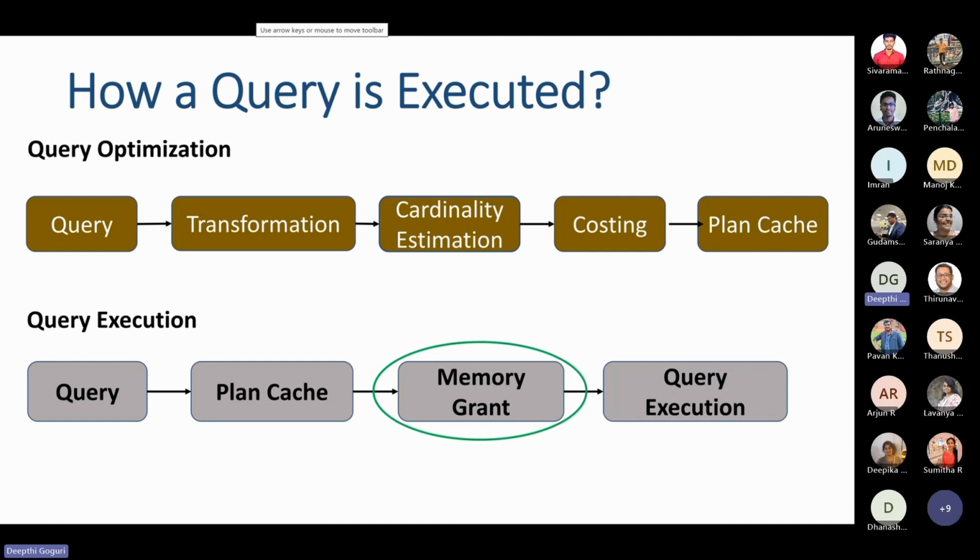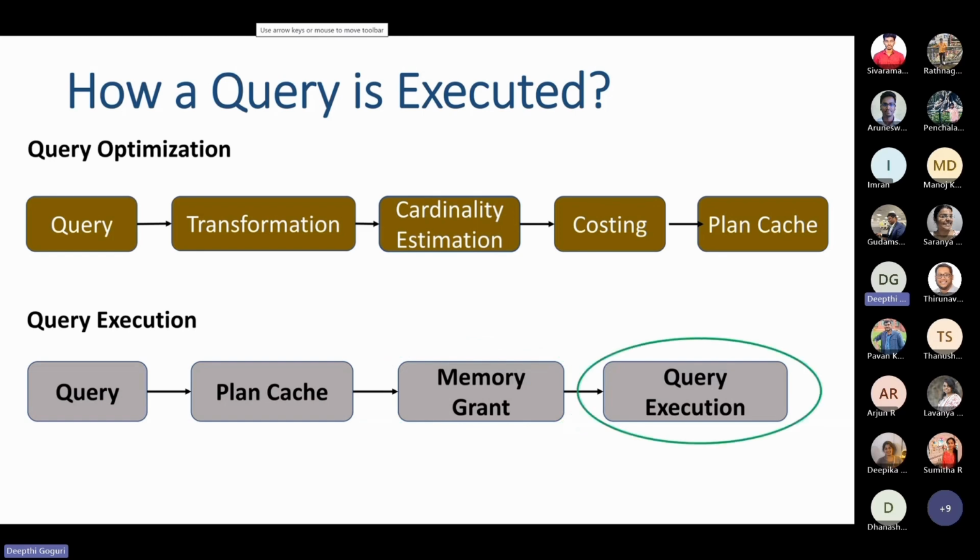It will allocate the memory grant again based upon those cardinality estimates. Based upon those cardinality estimates, the execution plan got decided and saved in the plan cache. Now that execution plan got its memory grant based upon those same cardinality estimates, and then the query goes to the execution phase.